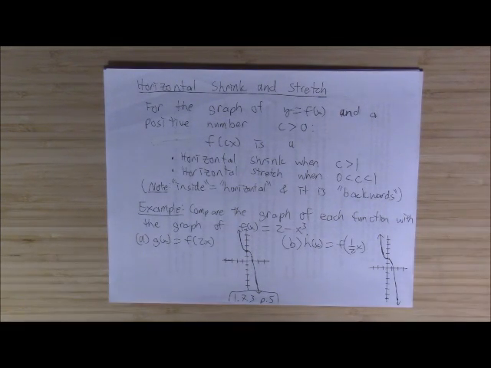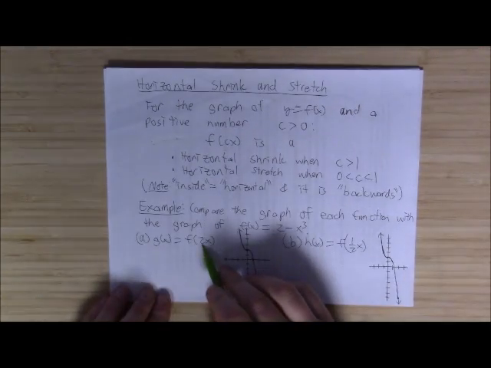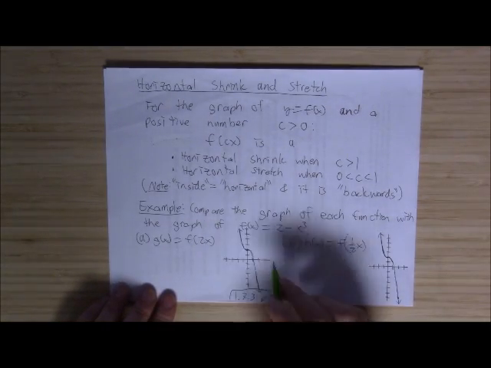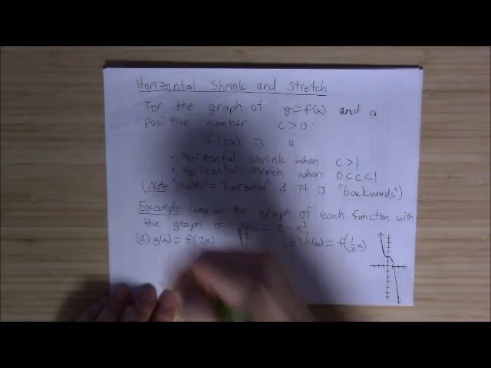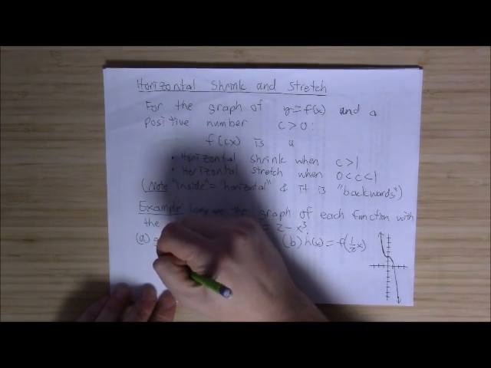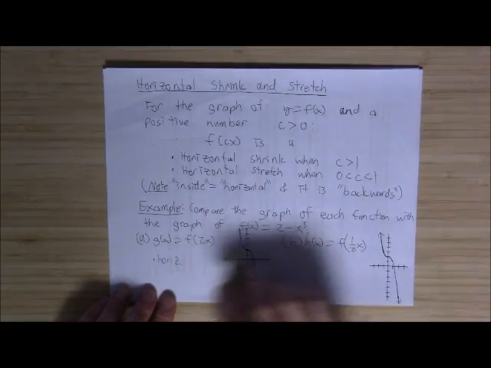For example, let's compare the graph of each of the following functions with the graph of f of x equals 2 minus x cubed. So for f of 2x, this would be a horizontal... which one?